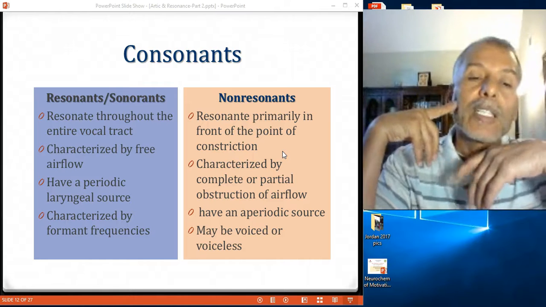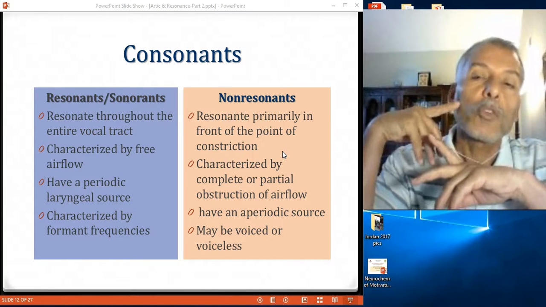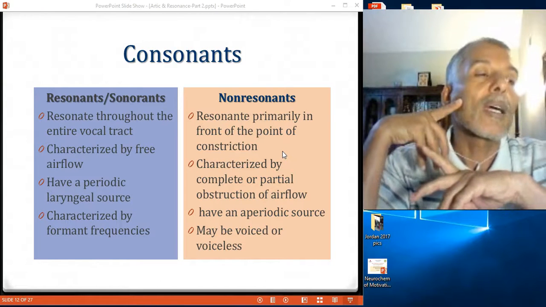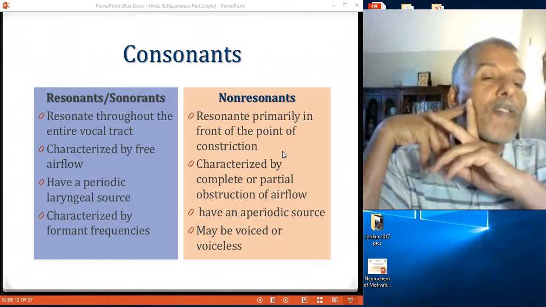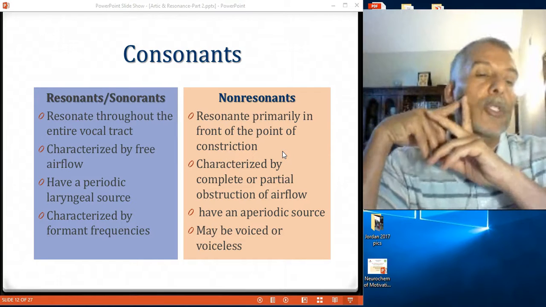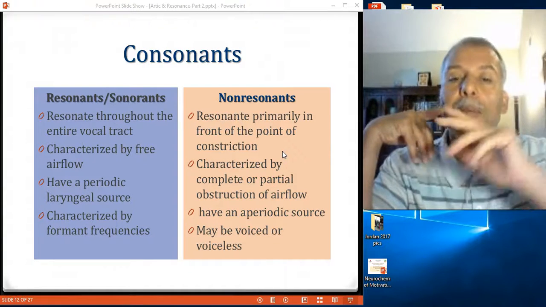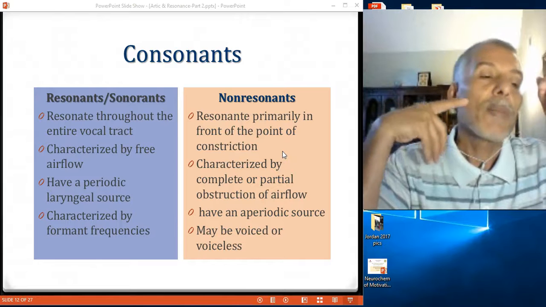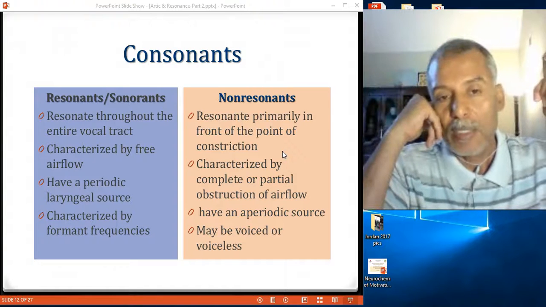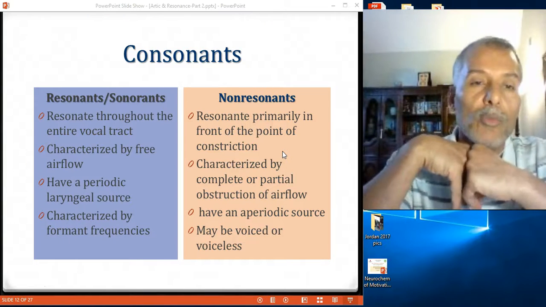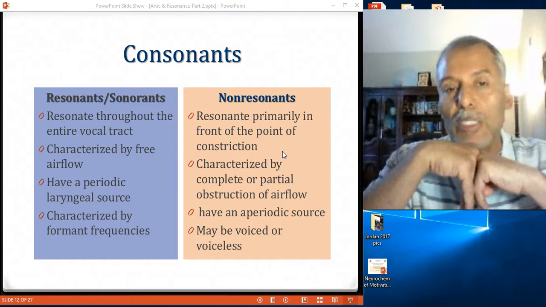So you have that obstruction when you say k, k. Resonance occurs in front of the obstruction, between the obstruction and the lips. The back is not engaged in resonance. So that is a major difference between non-resonant sounds and resonant sounds.